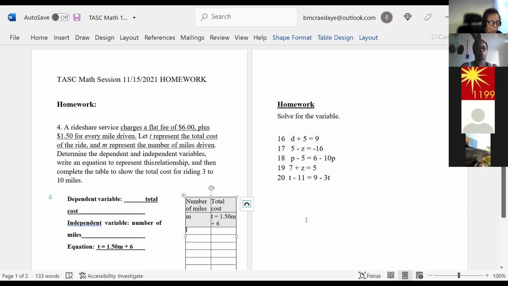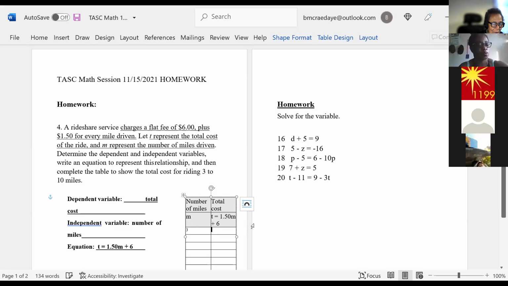When they go 3 miles, what's the total cost, Vanessa? If you go 3 miles, where the M is, you put 3.